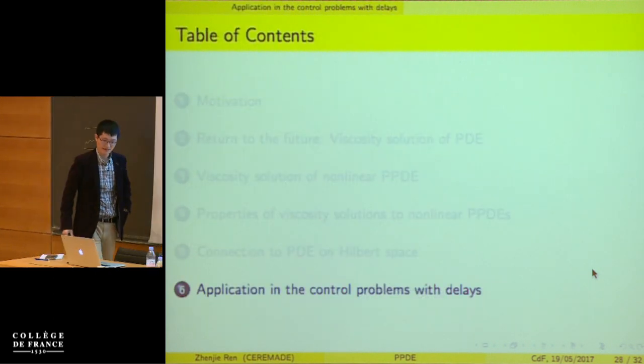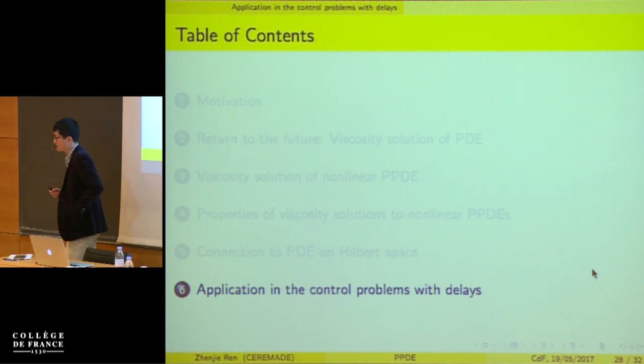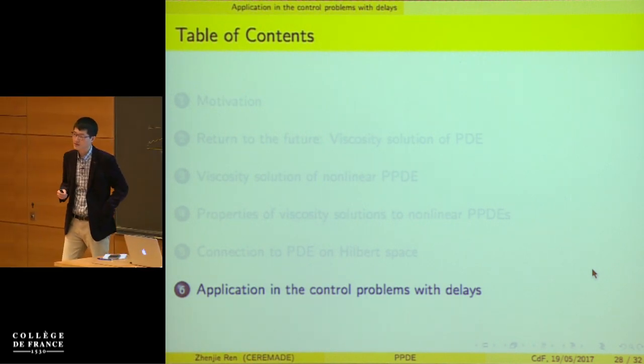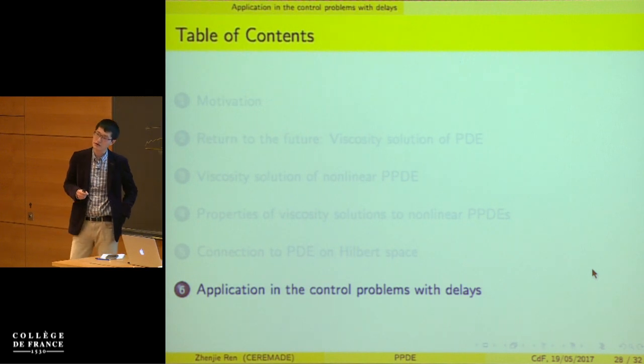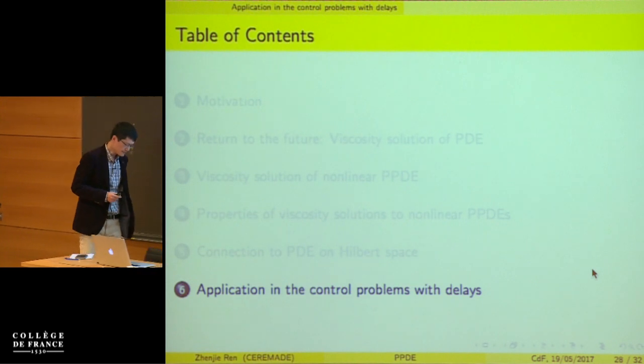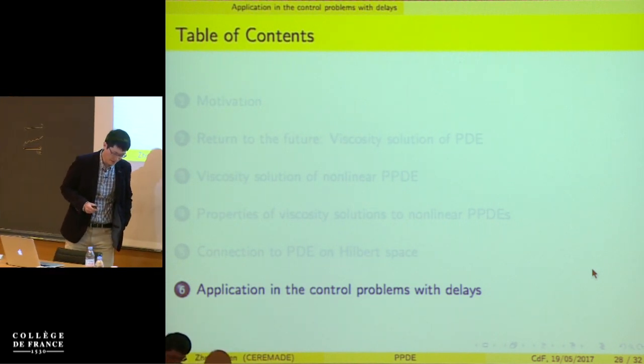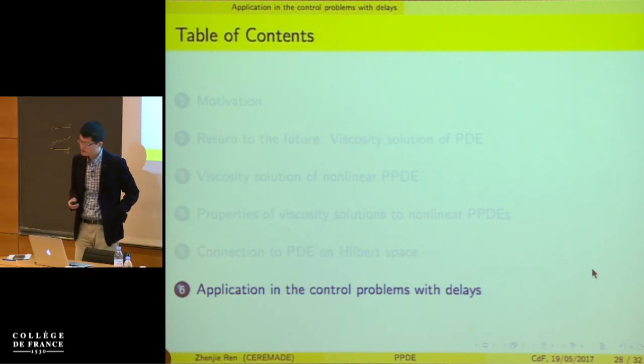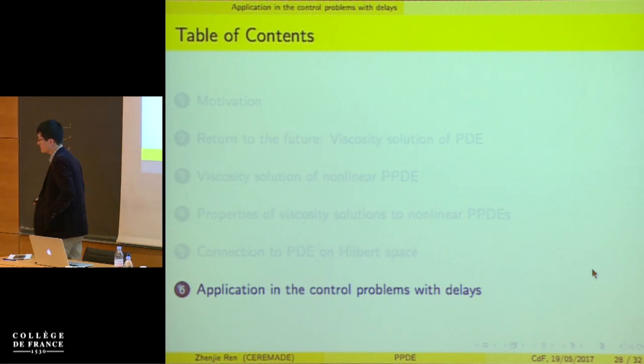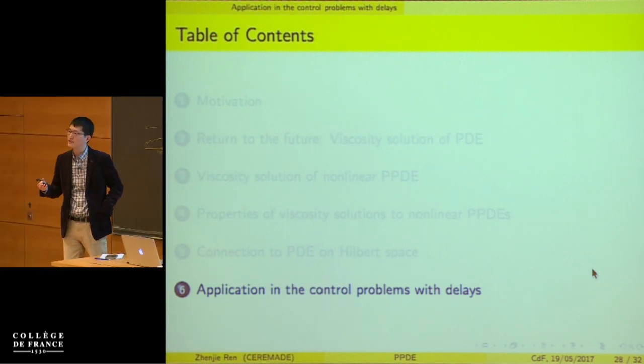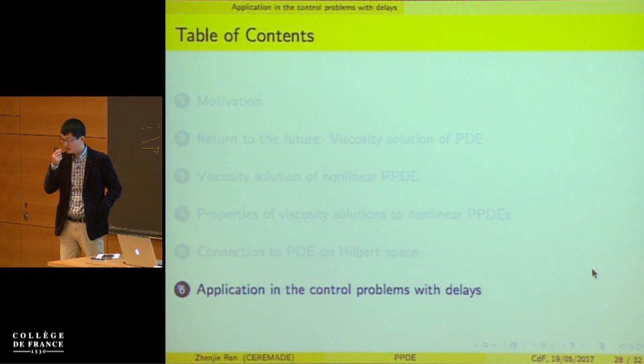Okay, now, finally, we will talk about the application of the PPDE. So why do we consider the nonlinear control problem? Is that so interesting? Just think about the reality. The computer can hardly solve it, even though we can write down the PPDE on the path space.